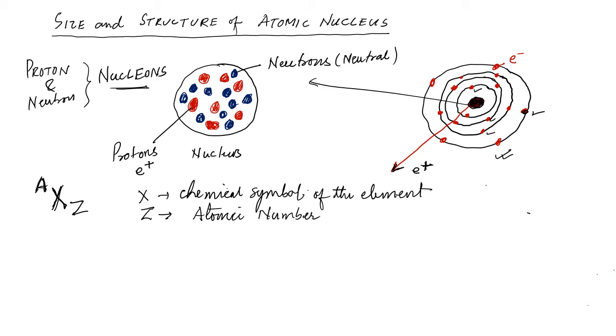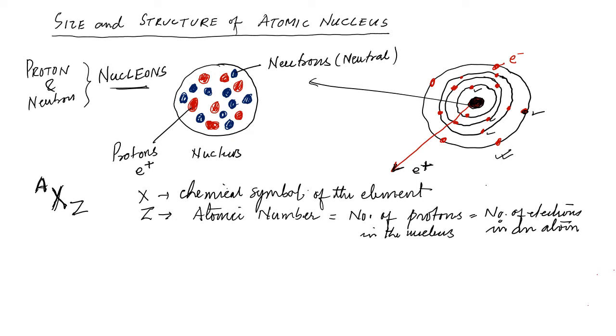The atomic number is equal to the number of protons in the nucleus, and this is also equal to the number of electrons in an atom. So whatever the number of protons in a system is equal to the number of electrons in that particular atom.